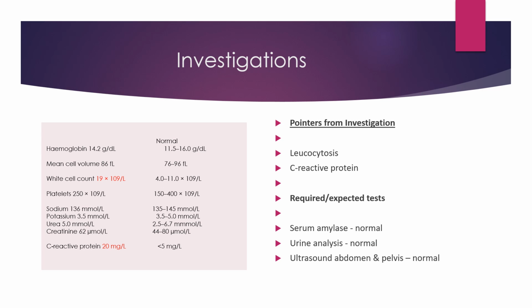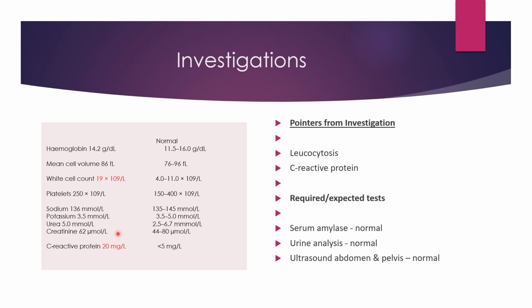Then go into the investigations. It is notable in these results that the white cell count is raised, suggesting some form of infection. The C-reactive protein is also increased, which suggests some acute inflammatory phase.